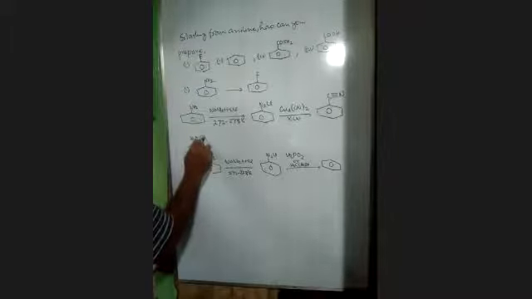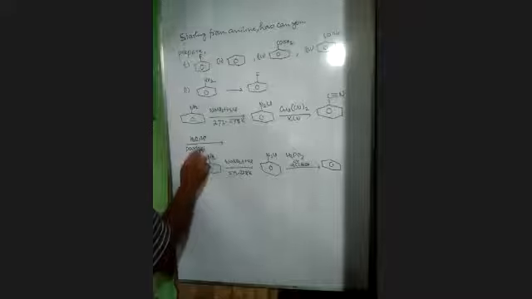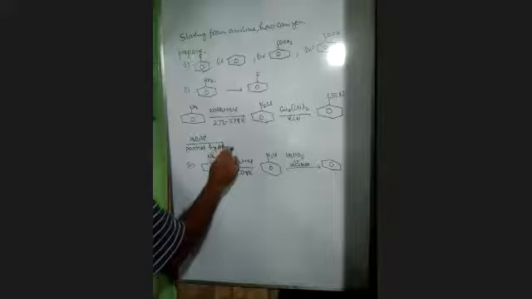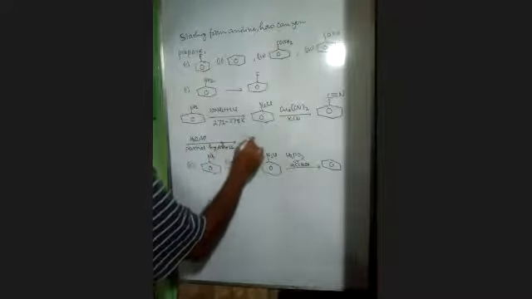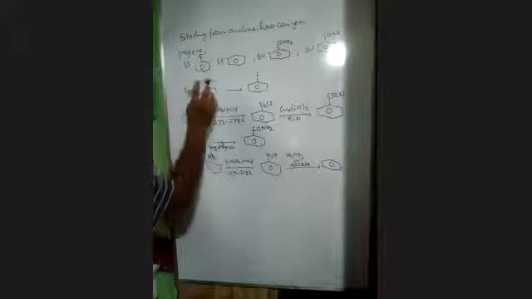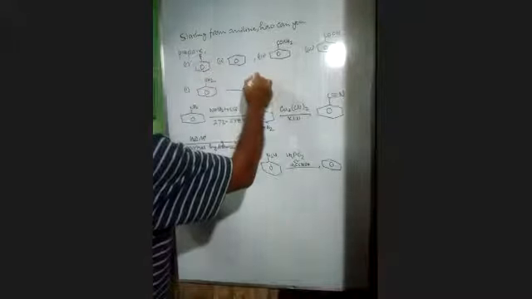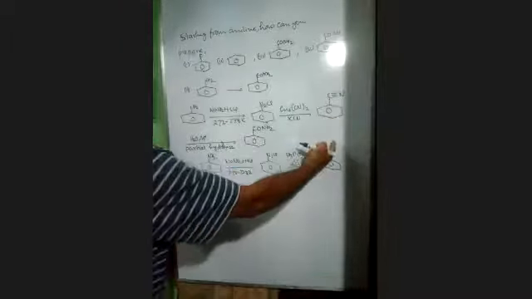I'll write here now H2O, H plus, and here we'll write partial hydrolysis. Then what do you get now here? By partial hydrolysis, you will get here CONH2. Okay, so this is three. And if you do complete hydrolysis, you get benzoic acid.